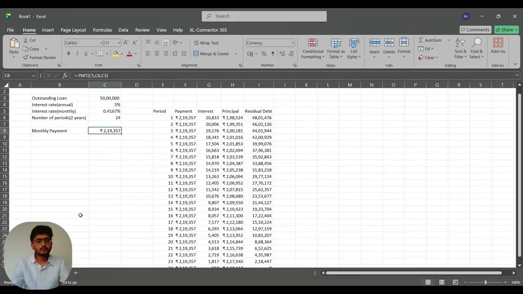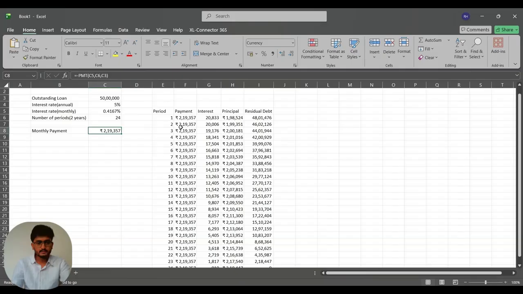Every month, the interest portion becomes smaller and the principal portion becomes bigger. Why? Because interest is calculated on the remaining loan balance. As the balance reduces over time, the interest decreases, and since the EMI is fixed, the remaining amount automatically becomes principal repayment.